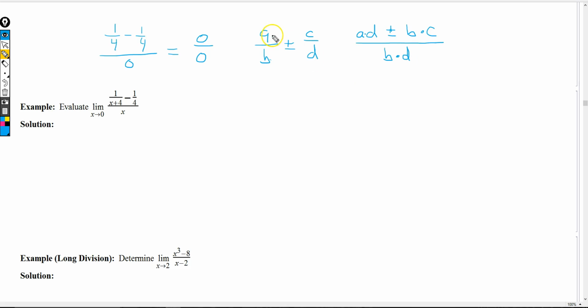Right? So what you're doing is AD, plus or minus BC, and then multiply by the BD. That's exactly the same as finding a common denominator, that process, when you simplify fractions in that manner.